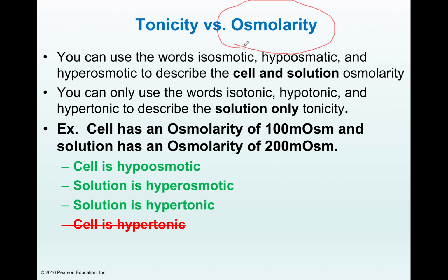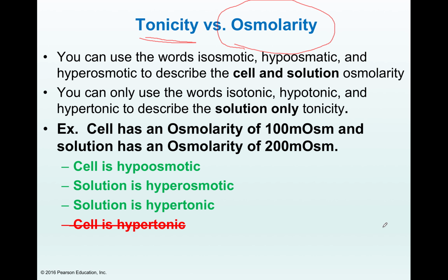I can use osmolarity to describe both the cell and the solution. However, the word tonicity is limited to only solutions. So I cannot say my cell is isotonic. I can say my solution is isotonic, but I cannot say my cell is isotonic.